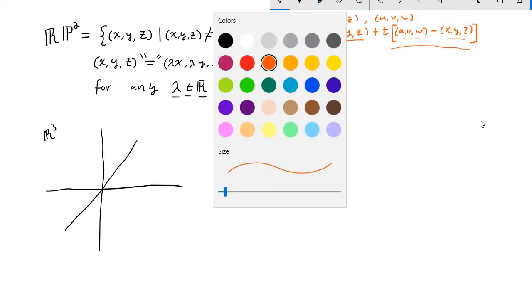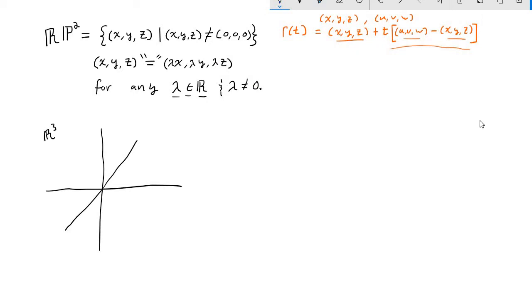Okay, so let's take a look at what happens. Say I have a point now in this RP2, so I have some triple of numbers x, y, z. Let's say I consider, for some non-zero number lambda, lambda x, lambda y, lambda z.